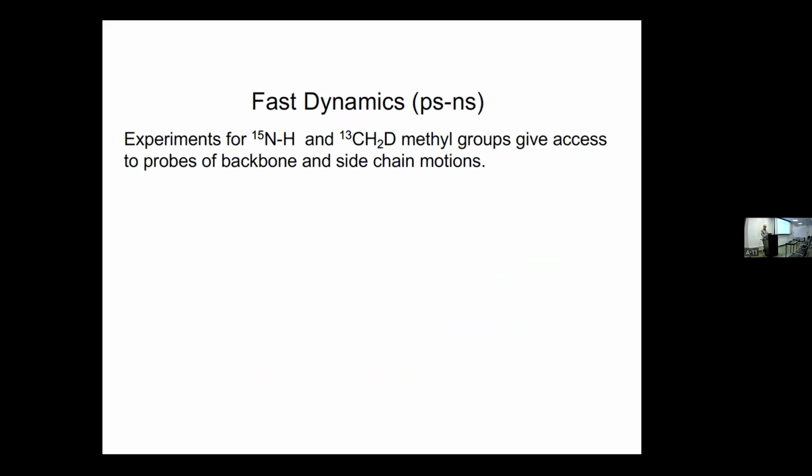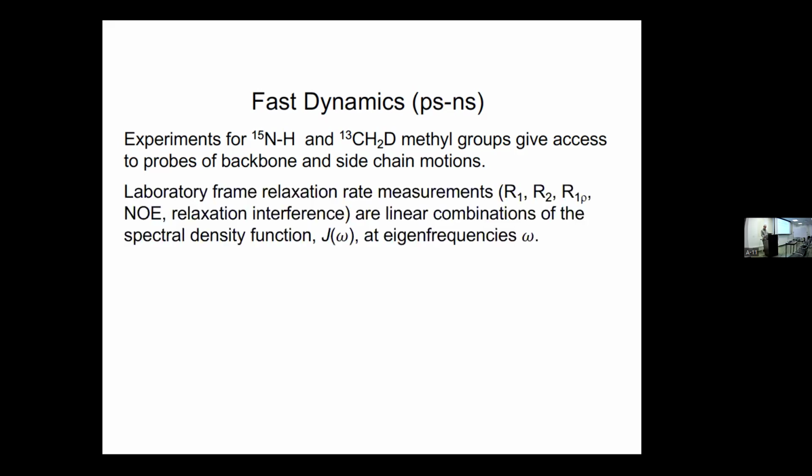And luckily for us, 15N measurements of the backbone nitrogens tell us things about the secondary structure. And methyl groups tell us a lot about the hydrophobic core. And it turns out the best developed sets of experiments that we have are for the backbone nitrogens and for the methyl groups. It's very, very convenient.